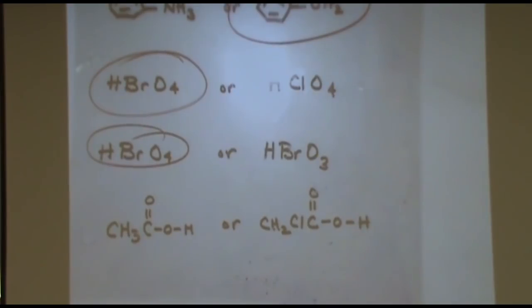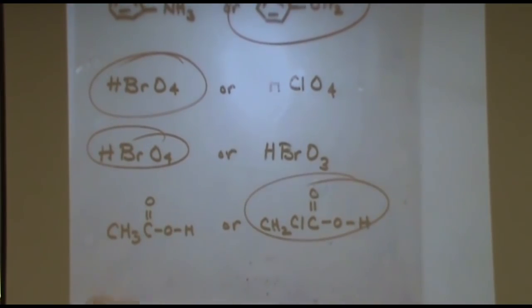Right. Why? The Cl. So you're looking at what's different. One has a Cl, the other doesn't. When you have an electronegative atom compared to nothing, not just a hydrogen, the electronegative atom again stabilizes the conjugate base, making the acid stronger.